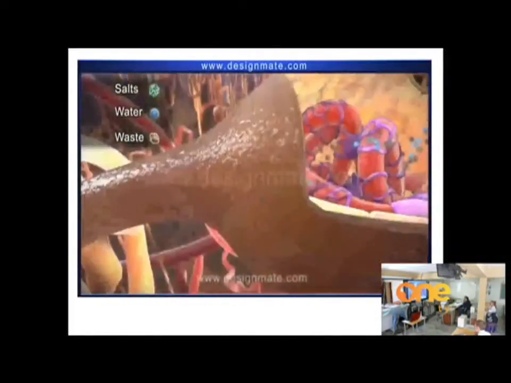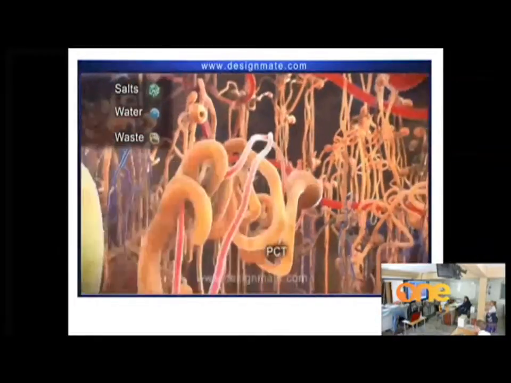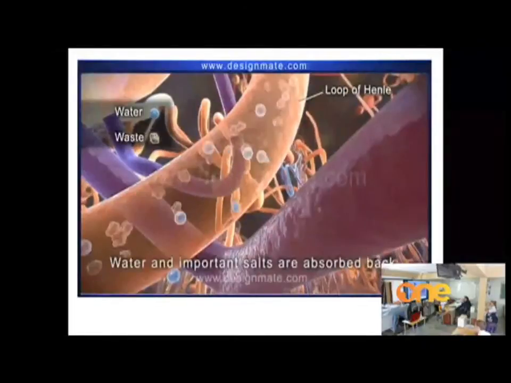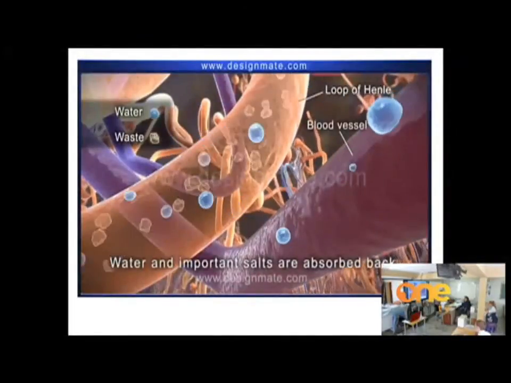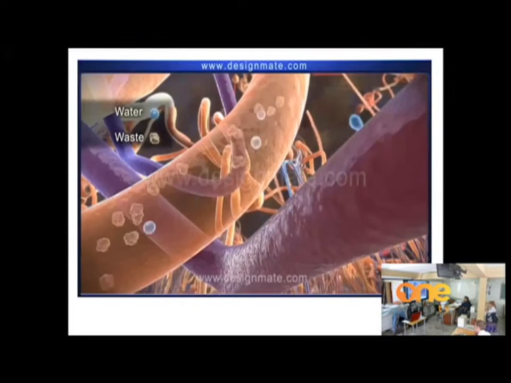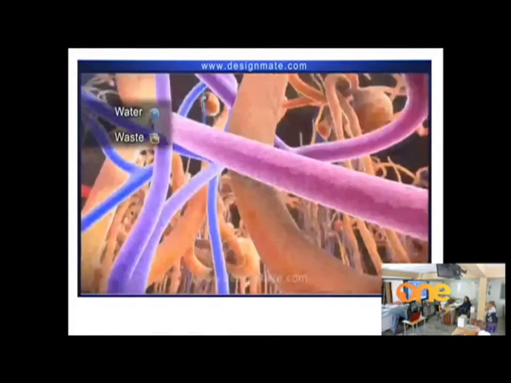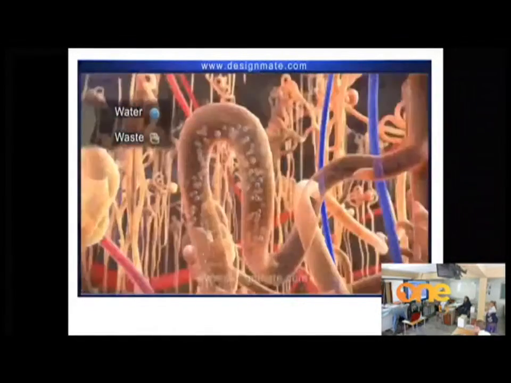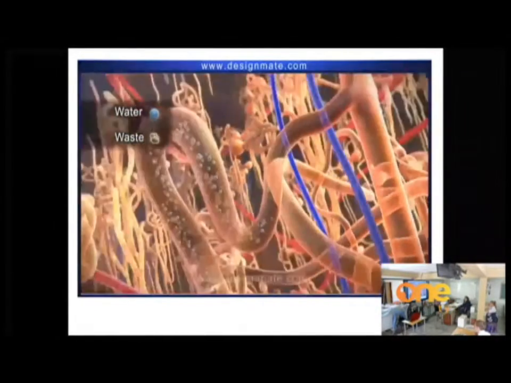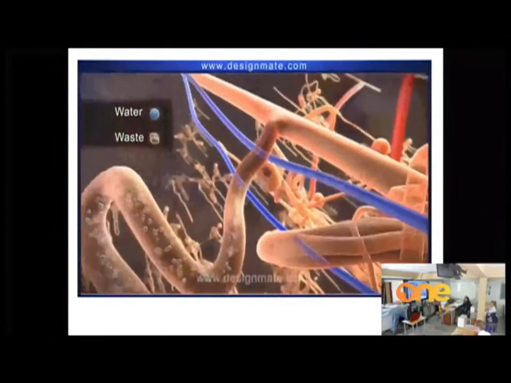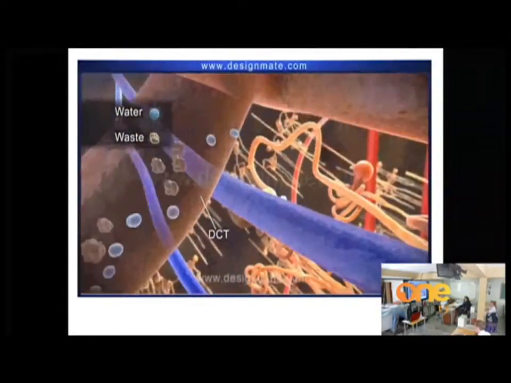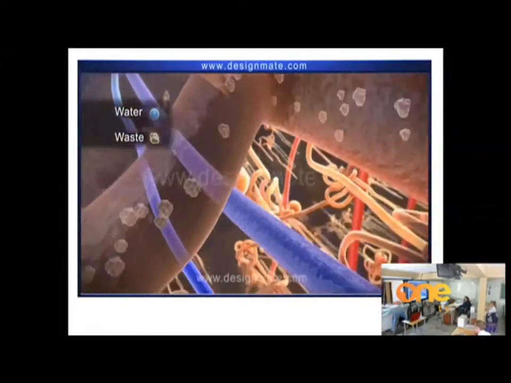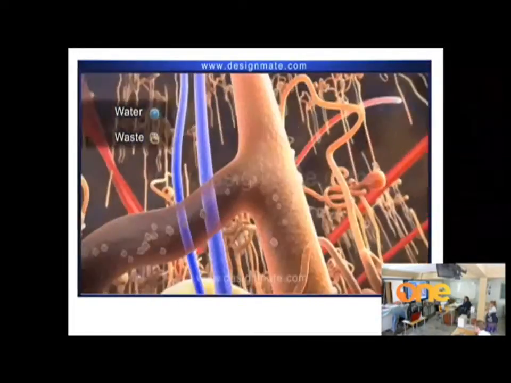This liquid then passes into the PCT and the loop of Henle, where water and important salts are absorbed back into the blood vessel. Only the waste material, like urea and some water molecules, proceed into the DCT, where more water may get absorbed into the interstitial fluid. The liquid remaining in the DCT is the urine, which is finally released into the collecting duct.